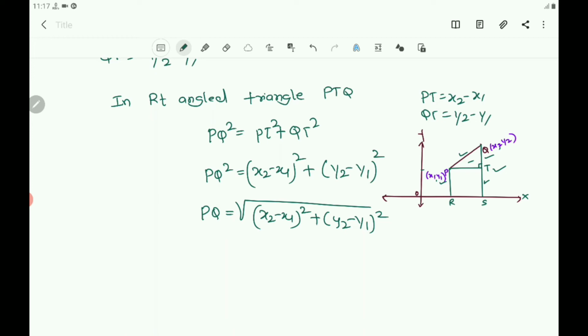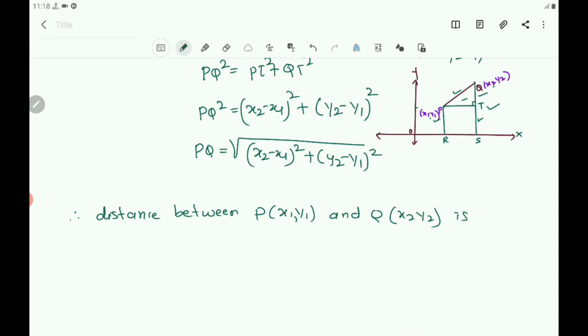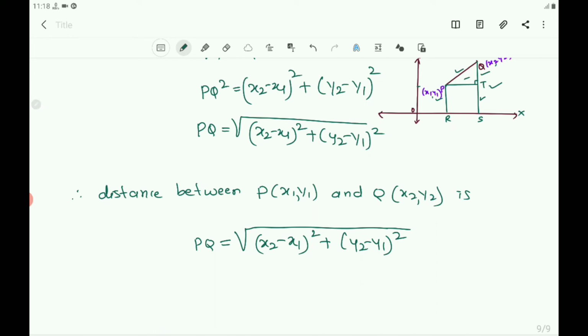That is nothing but the distance between P and Q. So the distance between P with coordinates x1, y1 and Q with coordinates x2, y2 is PQ equals the whole root of x2 minus x1 whole square plus y2 minus y1 whole square.